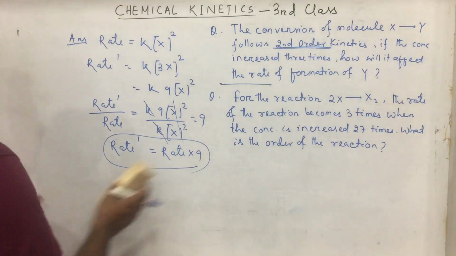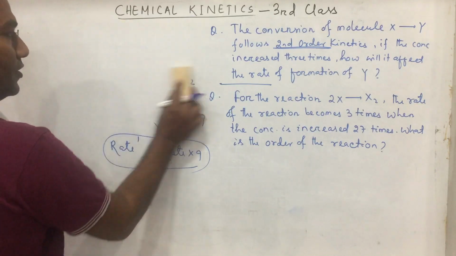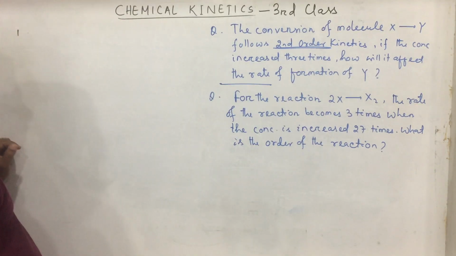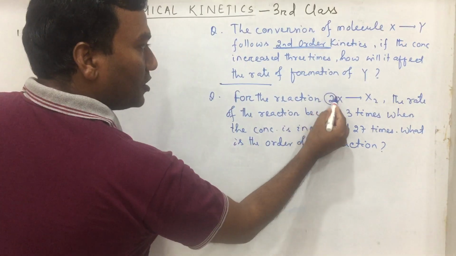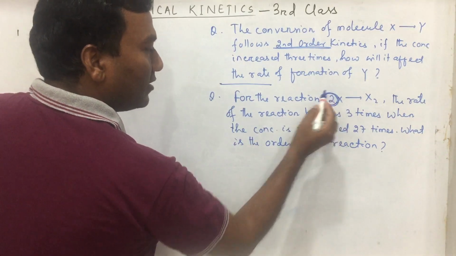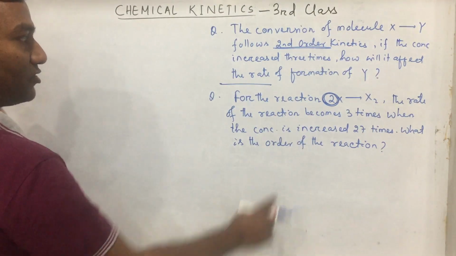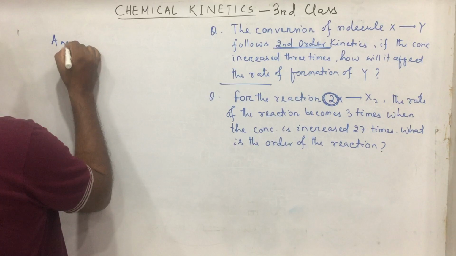Okay, come to the second question. In the second question, you will see that we will never write the coefficient as an order, because here the order is asked. So for this question we will write the answer.